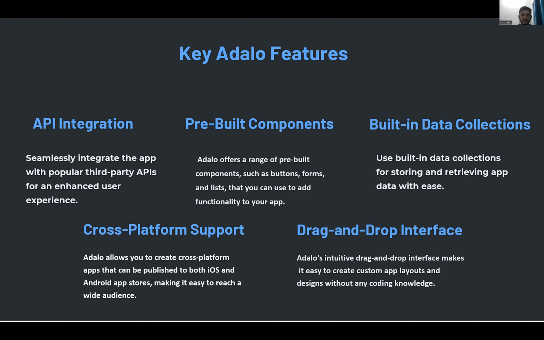Stripe provides a set of API tools and development tools that you can use to build custom payment flows. So Adalo helps in integration with these types of features, which makes it easier to expand the scope of your app. Also, it has pre-built components as discussed earlier, like buttons, forms, and lists that can be used to add functionality to your app.